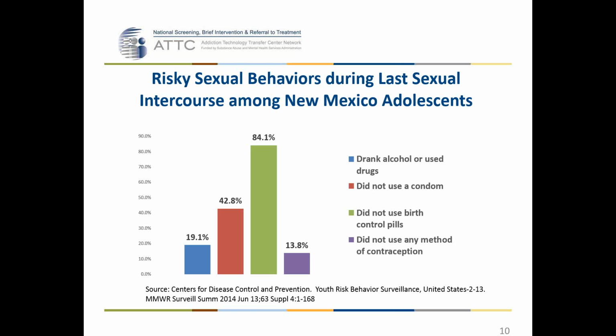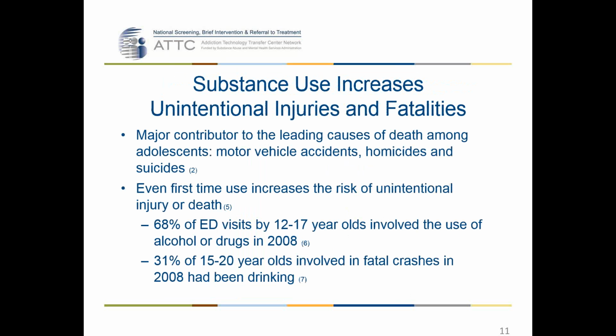Disturbingly, 42% did not use a condom, 84% did not use birth control pills, and 13.8% did not use any form of contraception. So these are risky sexual behaviors, and a lot of these, as you can see, almost 20%, are also associated with alcohol and drug use, which impairs judgment. Next.